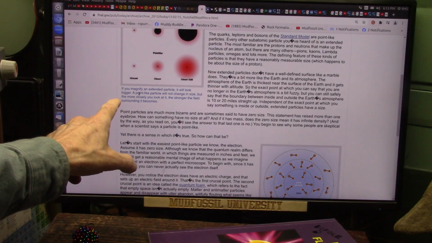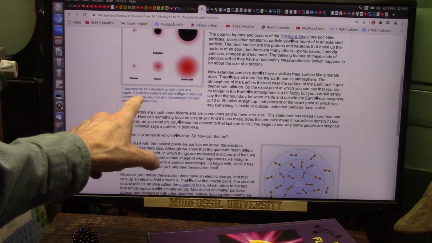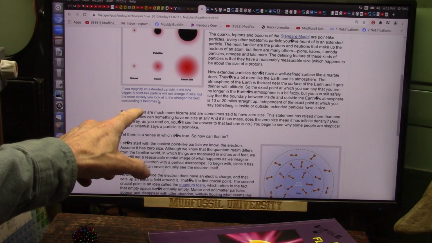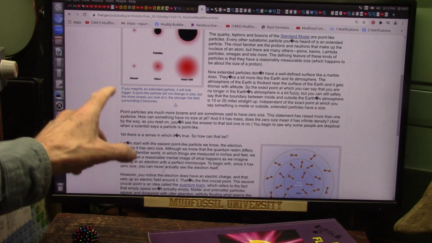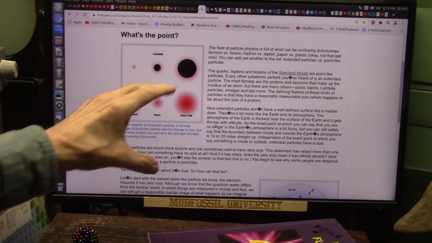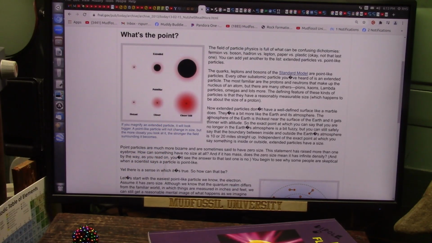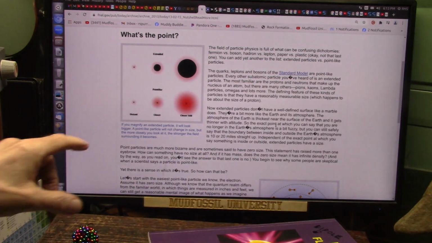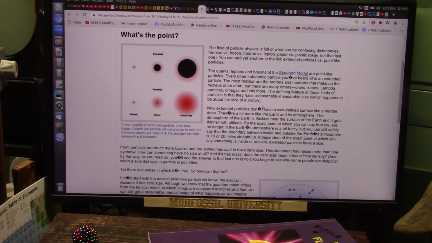Here's what he's saying. If you magnify an extended particle, it will look bigger. A point-like particle will not change in size, but the more closely you look, the stronger the field becomes. No, the more closely you look is the more light you flood into it. And it responds back by saying, don't push your field into me, and the field gets stronger. The field goes, don't push me, I'll push you back.